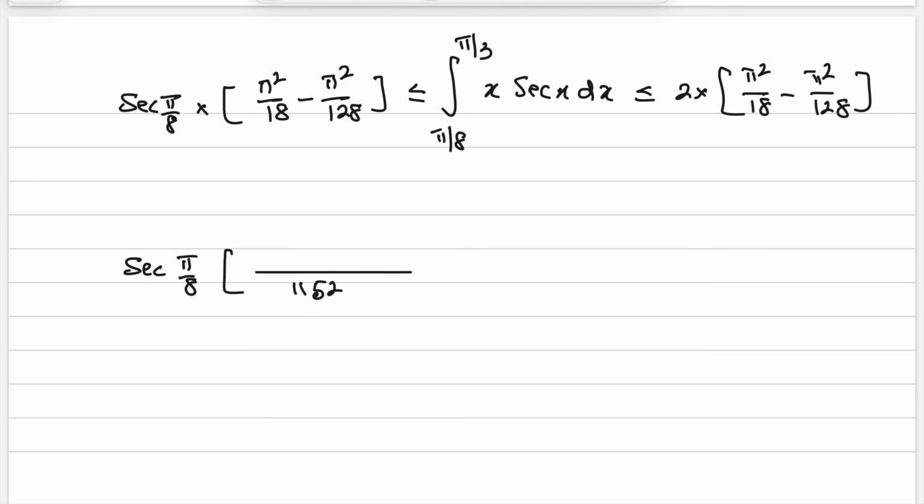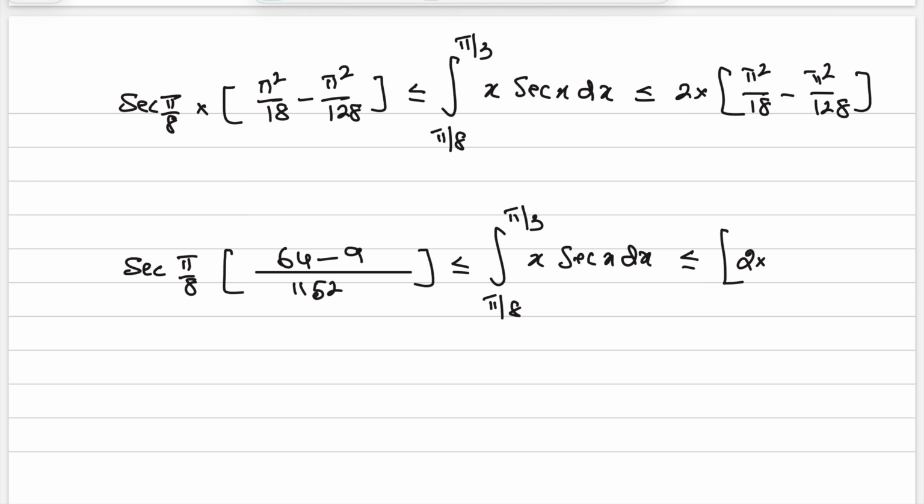When 1152 is divided by 18, you will get 64 here minus 1152 divided by 128, it is 9, is less than or equal to integral pi by 8 to pi by 3. You just see, we are not finding this x dx, we are only finding the limit, boundaries. This is the boundary technique.